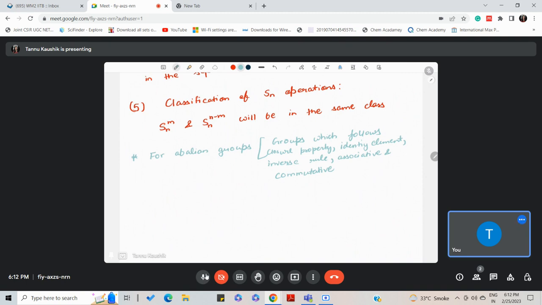So this will follow five properties, unlike other groups which follow four rules: closure, identity, inverse, and associative law.